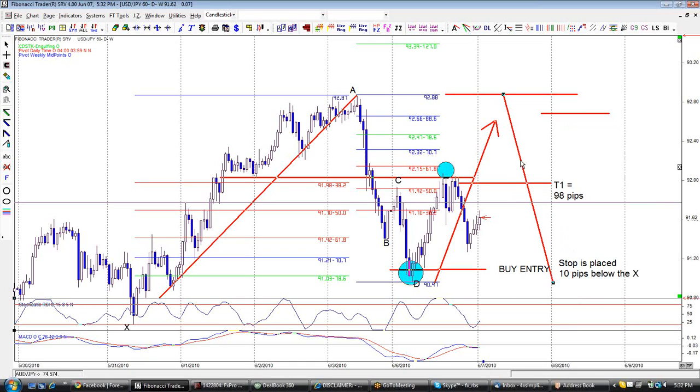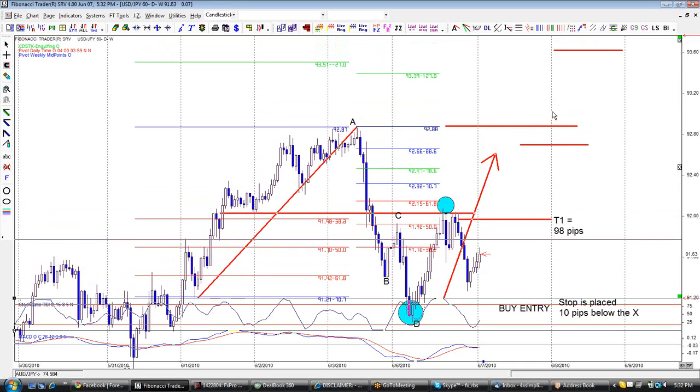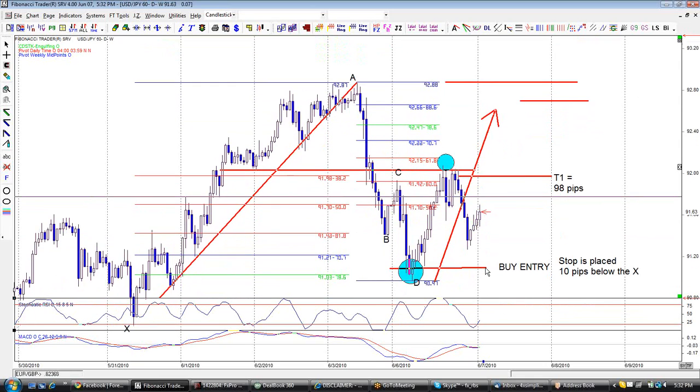And when we see price move up and down all the time, it's most likely that we will close the trade or we'll be in too much pain and a lot of emotions. Now, when we use multiple targets, we take profit, and this is not a bad profit, 98 pips.